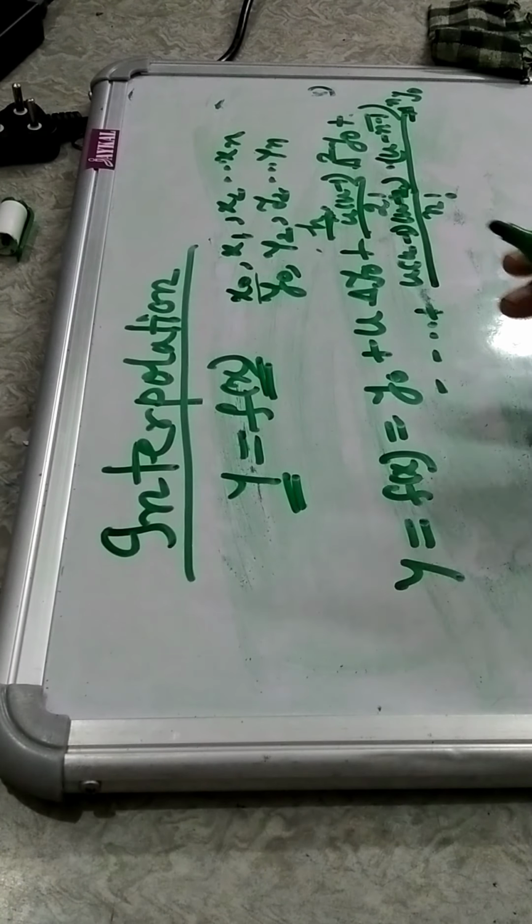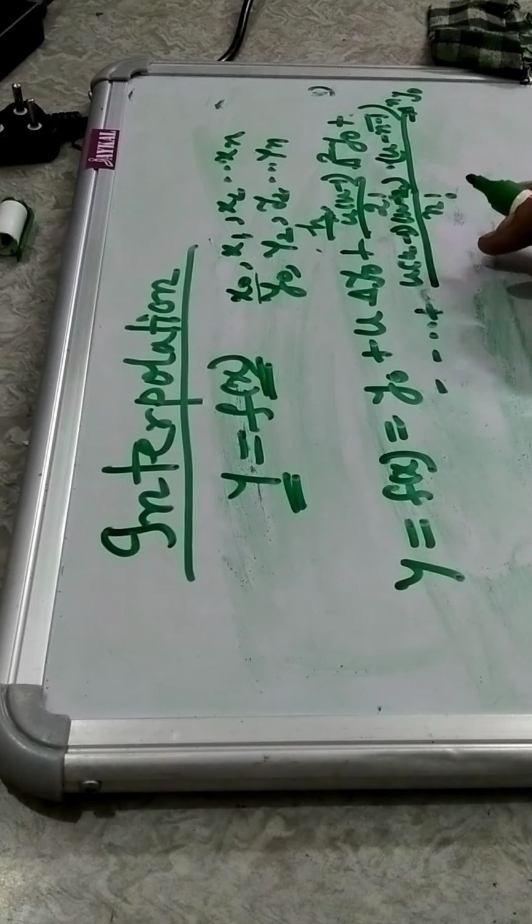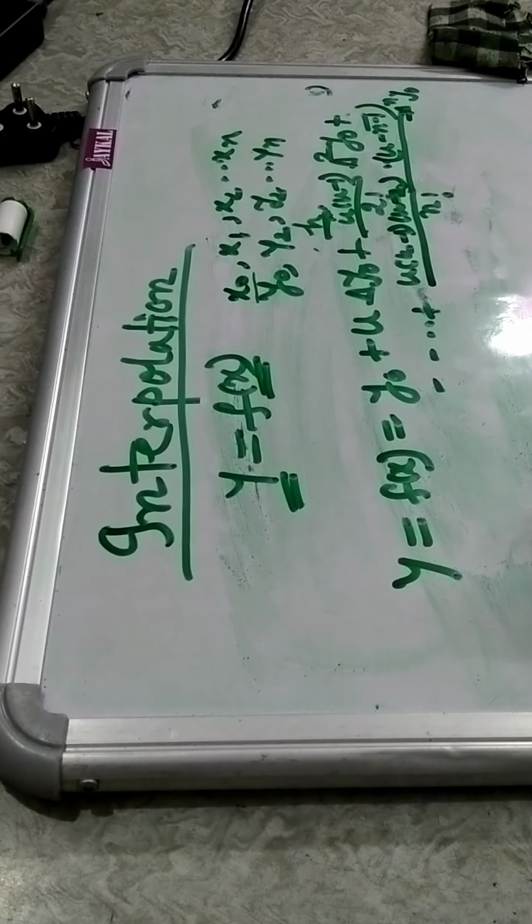And this is Newton's forward interpolation formula, where u is equal to (x minus x0) divided by h.